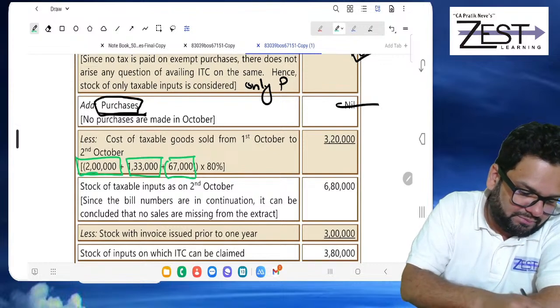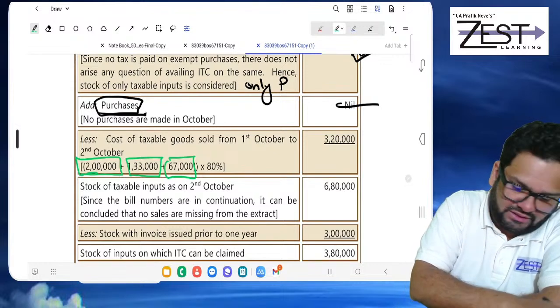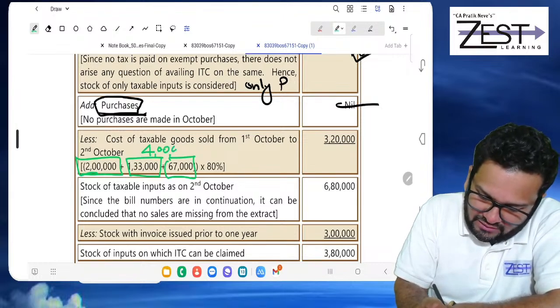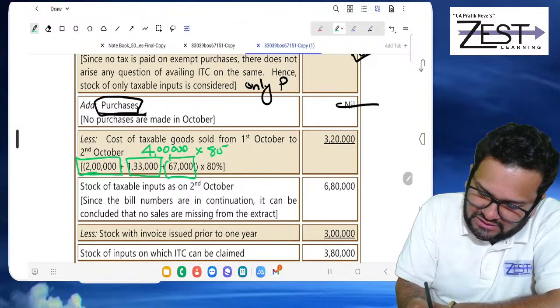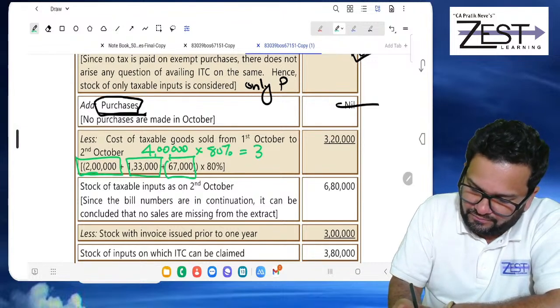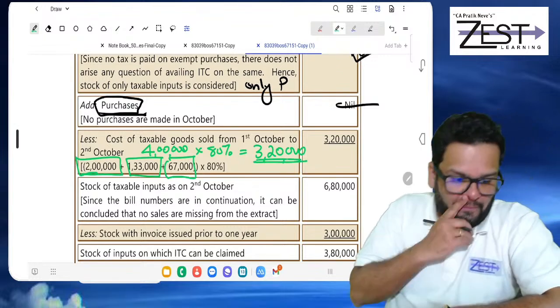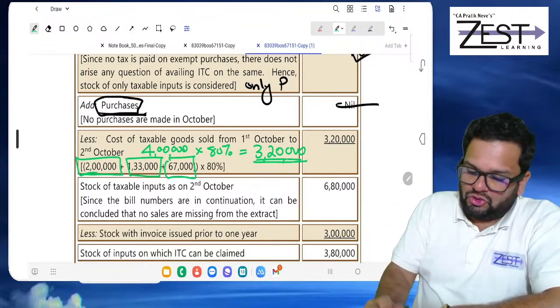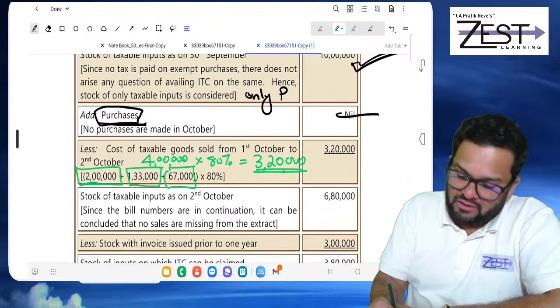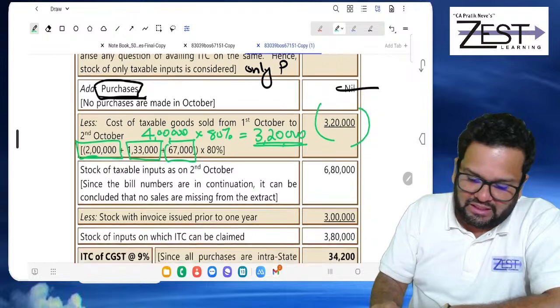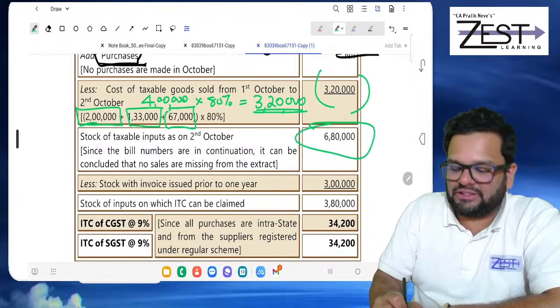Sales are of 4 lakh, into 80% is its cost. So 3 lakh 20,000 is the cost. Yes or no? So from 10 lakh you minus the cost of goods sold 320. So you will have a stock of 680.